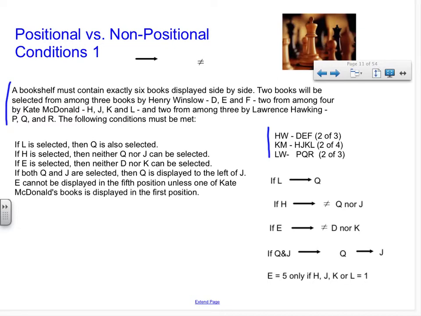So HW is representing Henry Winslow. KM is representing Kate McDonald. And LW is representing Lawrence Hawking.